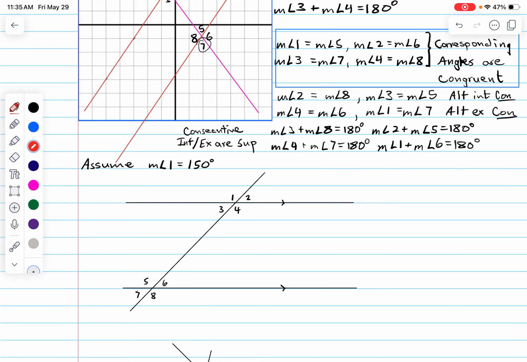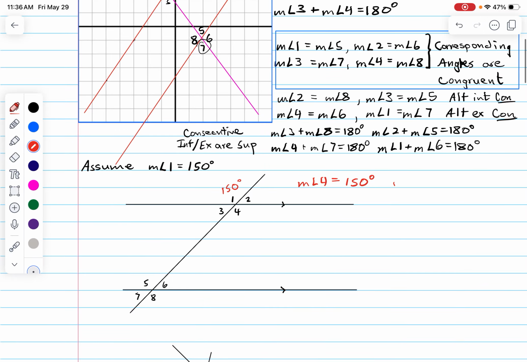Now, we're told that angle 1 is 150. Okay? Well, then you immediately know that the measure of angle 4 is 150 as well, because they're vertical angles. And you know that the measure of angle 5 is 150. Okay? So let me just put these. 150, 150.